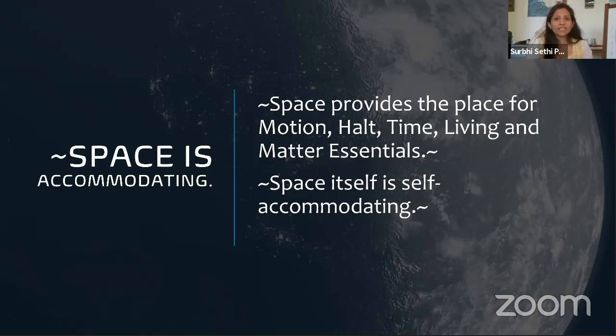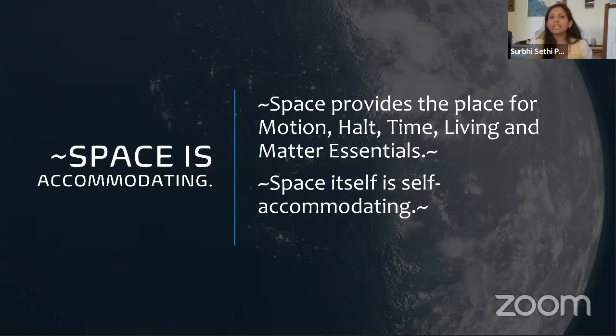Space itself is self-accommodating. So if every other essential is getting its base as a space essential, that they are inside the space, where is the space? So the answer by the acharyas is that the space is supported by the space itself. Pretty clear? Let me repeat it. The space is supported by the space itself.